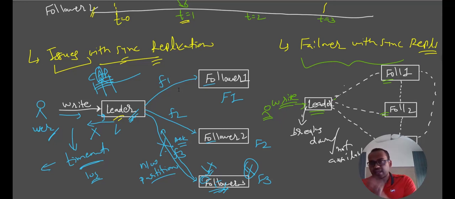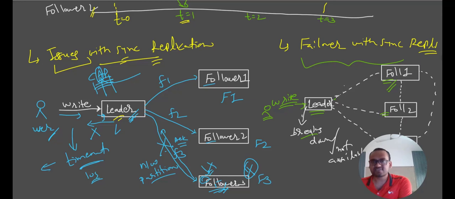Every node, every replica and the leader, is interconnected so that they can communicate and send data back and forth. Now, if the leader breaks down or is not available, then any of the followers can become the leader and accept the write request from the client.